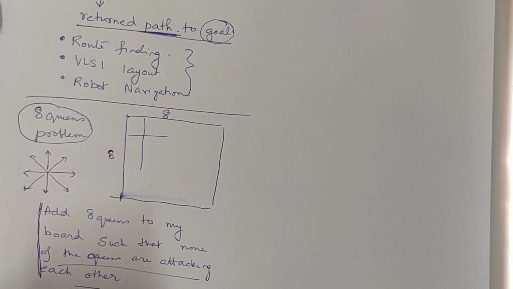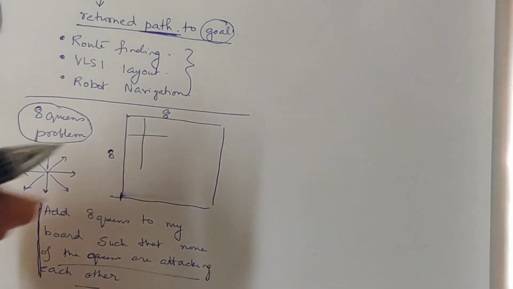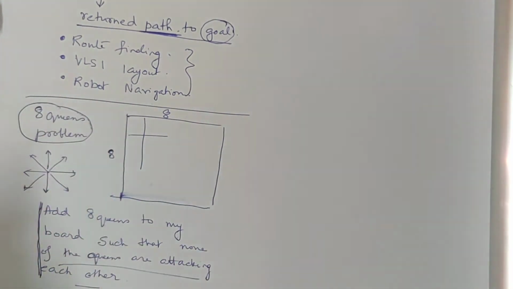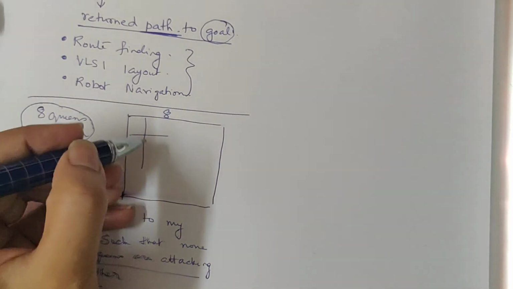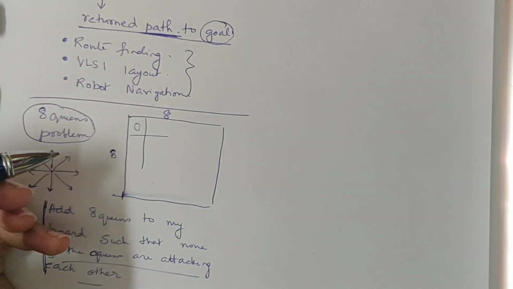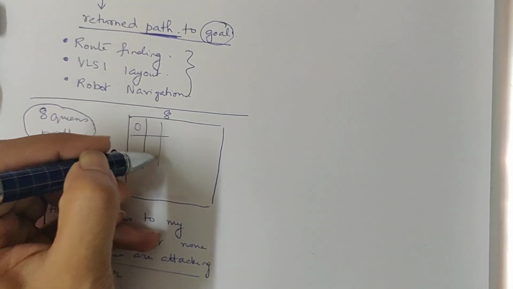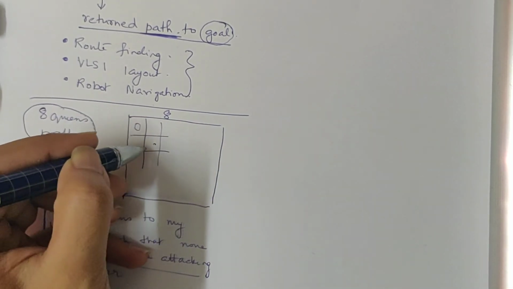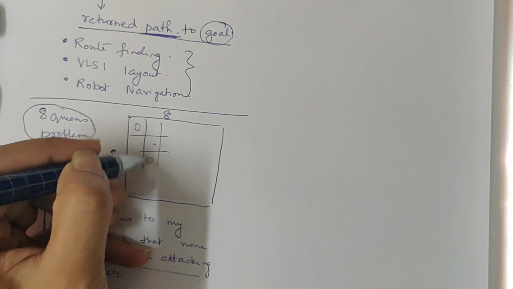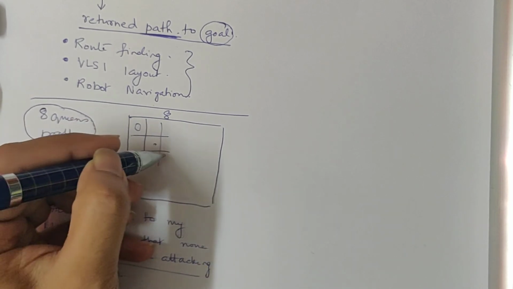Also, the second part, what I need to emphasize to you is the path. You started with an empty chessboard, of course, and then you may have added one queen here. Then you added one queen, for example, here, in such a way that these two are not attacking.